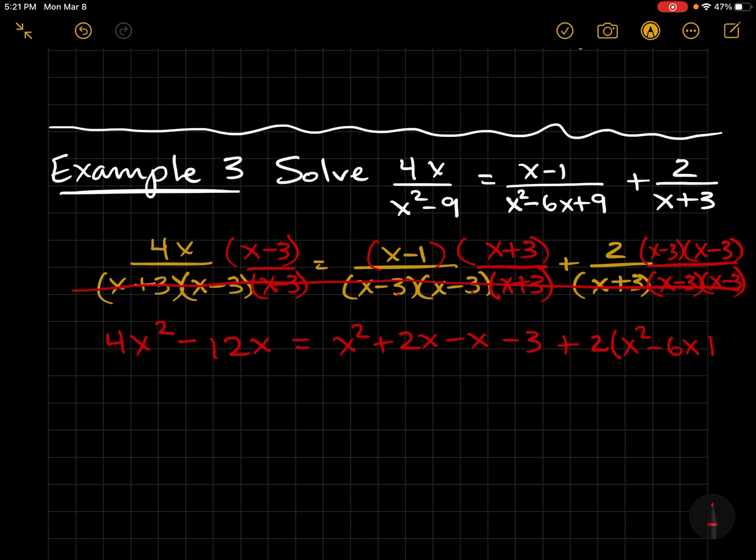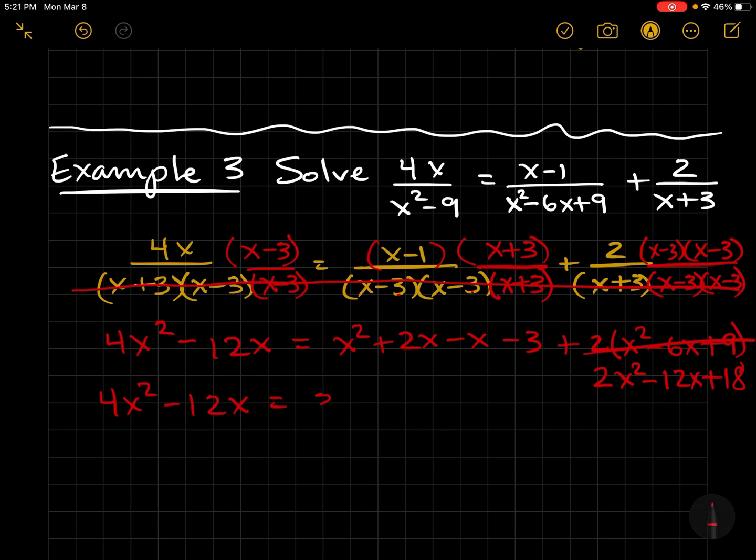Let's see, that's x squared minus 6x plus 9. Let's see. We need to combine some like terms and finish this. That's 2x squared minus 12x plus 18 for that part.